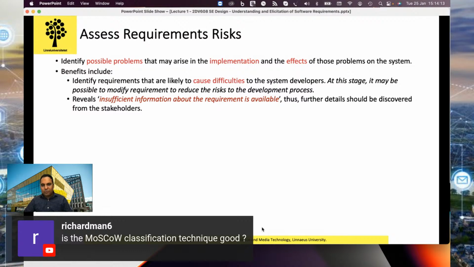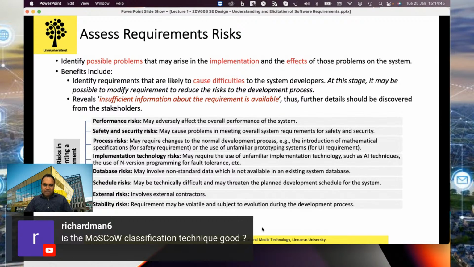And if you find some risk in your requirements, you should try to mitigate those risks, either by modifying the requirements, or, let's say, ignoring the requirements for now until you know that this requirement does not have any risk in development or delivery in future.